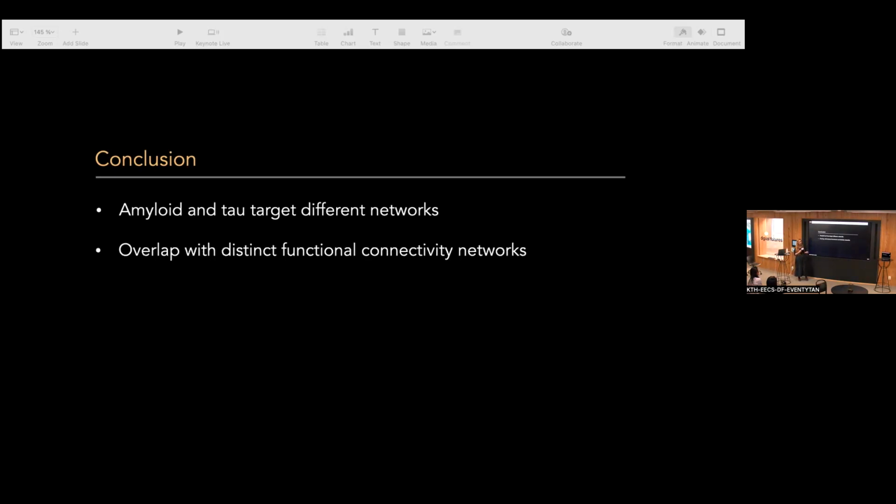And to conclude, this study showed that amyloid and tau pathologies seem to target distant networks of the brain, and therefore it is not surprising that they also overlap with different functional brain networks.